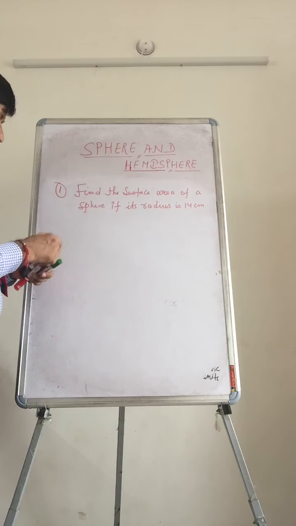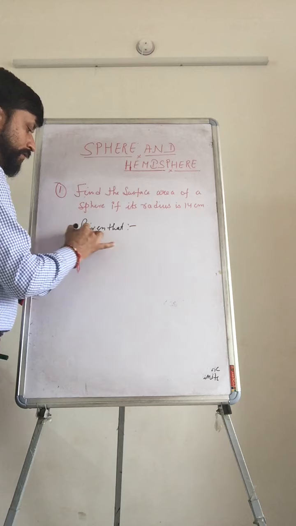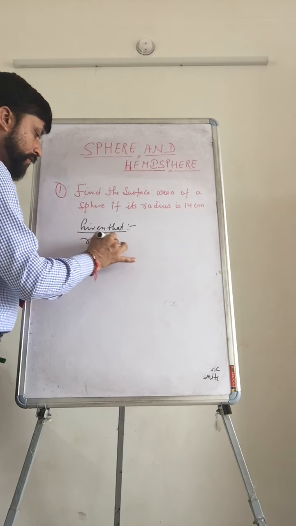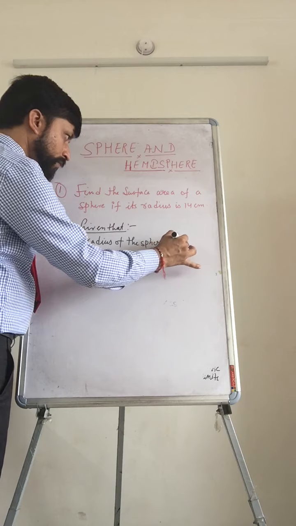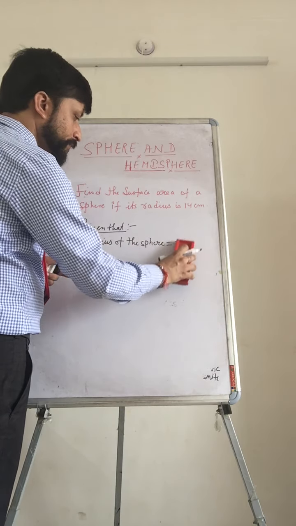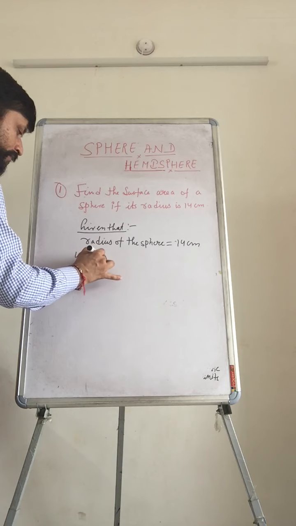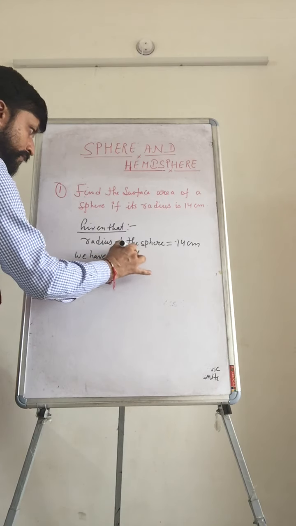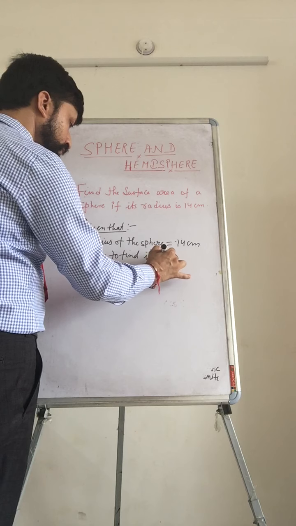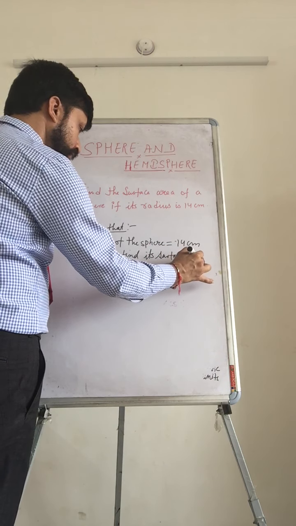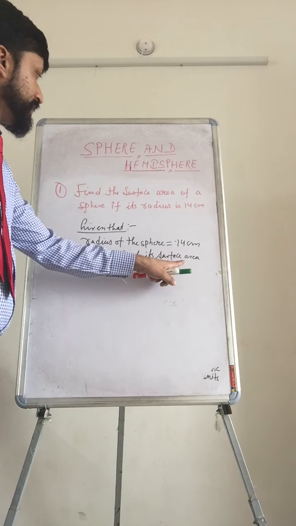Given that the radius of the sphere equals 14 centimeter, and what we have to find? We have to find its surface area.